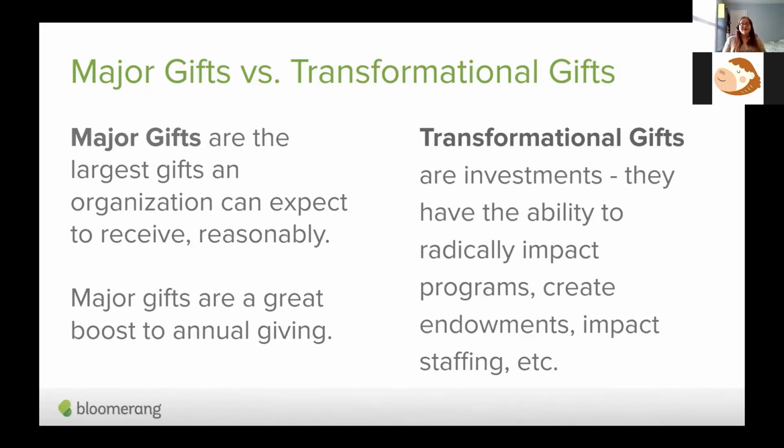And I think it's important to be aware of those differences when you're going into a major gift program. You should not expect those giant gifts that radically impact your organization frequently. What you should be looking for are the more frequent major gifts, getting into a routine of being able to make those asks. That's what you're really looking to do.